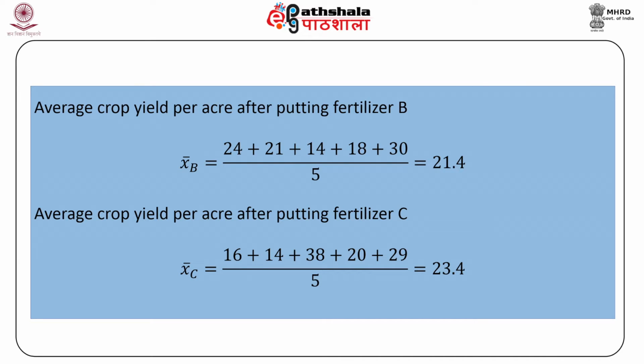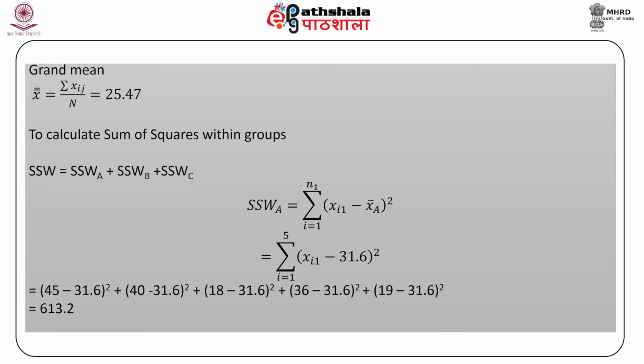Similarly, XB bar is equal to 21.4 and XC bar is equal to 23.4, which is again the mean value obtained from the third column. The grand mean X bar is equal to summation Xij divided by n, and this comes out to be 25.47.